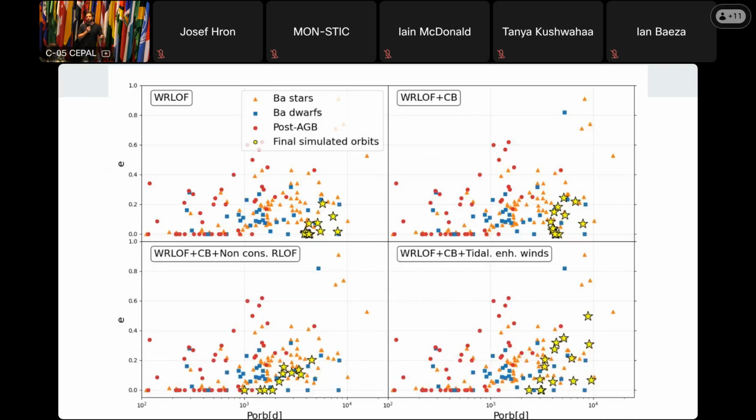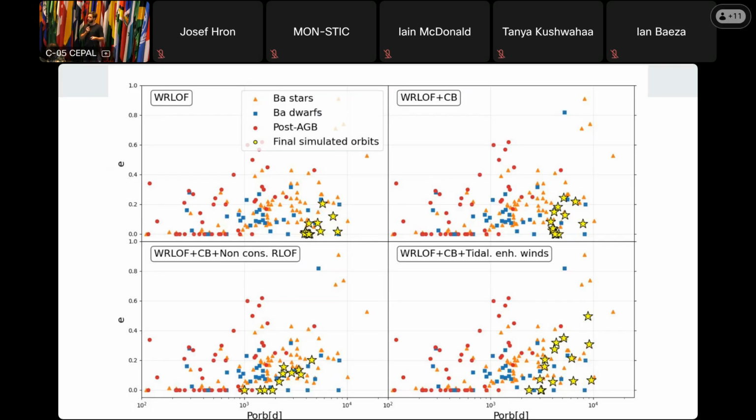I just wanted to compare the results to the observations. It remains quite obvious that there is a lot of work still to be done. Including our mechanisms, the wind Roche lobe overflow and circumbinary disk, we can explain only the eccentric periods of barium stars down to 4,000 days.